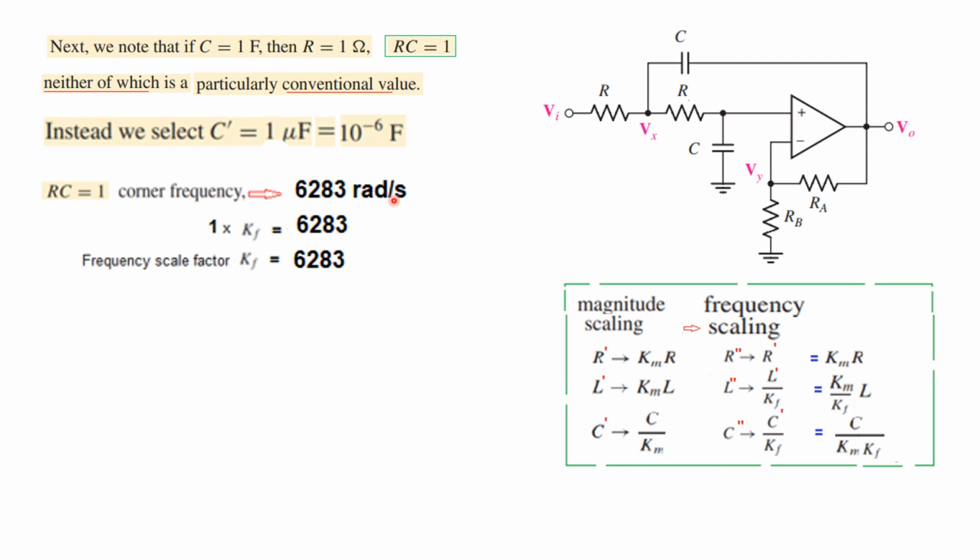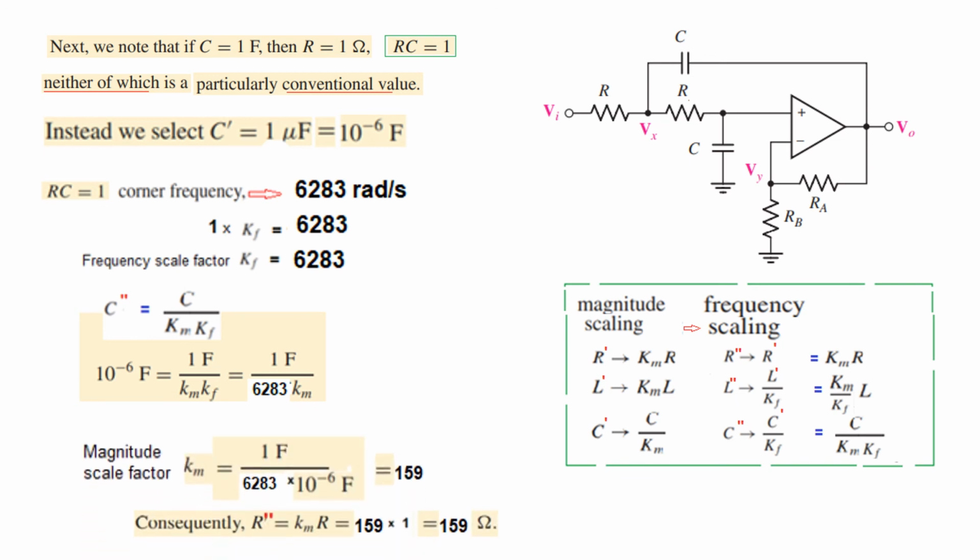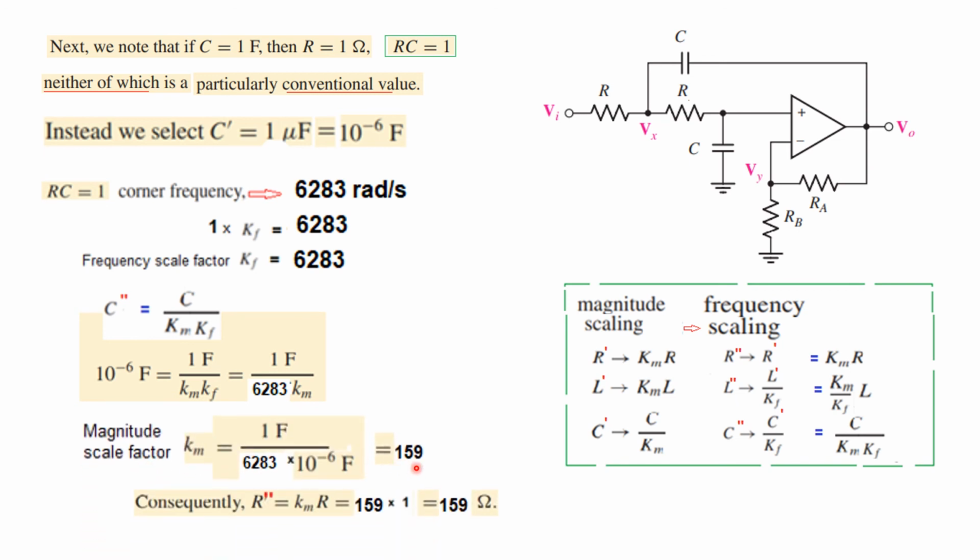So again, same logic, corner frequency from 1 to now 6283 radians per second. So we calculate Kf from here, plugging in the value of C dash, 10 raised to the power minus 6. And from here we calculate Km. So Km comes to be 159. And so we know that R double dash is Km into R, so 159 into 1 is 159 ohm.